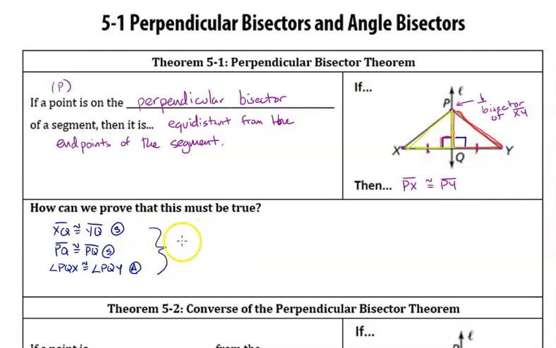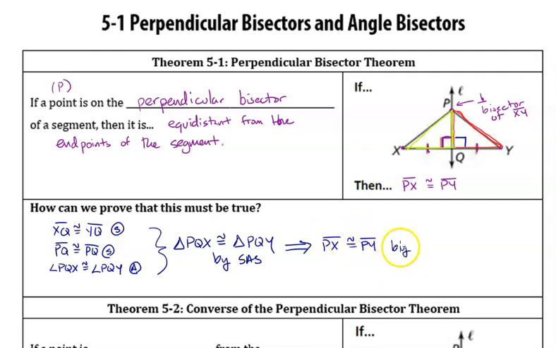So what this all tells me is that triangle PQX is congruent to triangle PQY by side, angle, side. And now if these 2 triangles are congruent to each other, then that would imply that segment PX is congruent to segment PY by CPCTC.